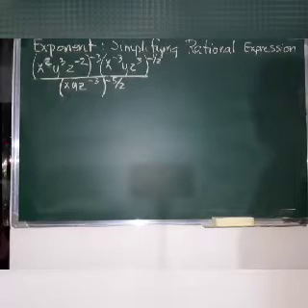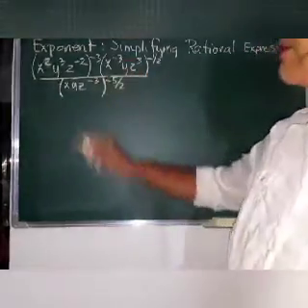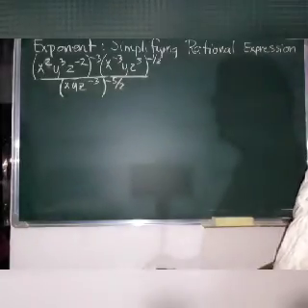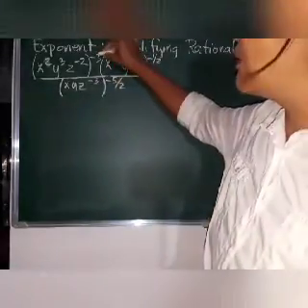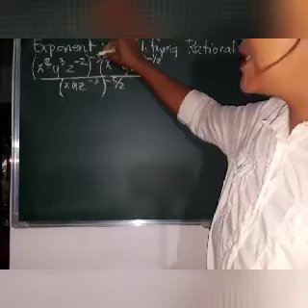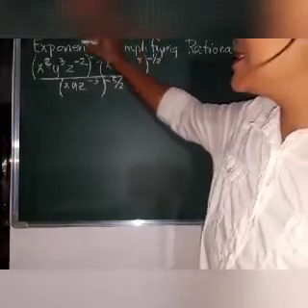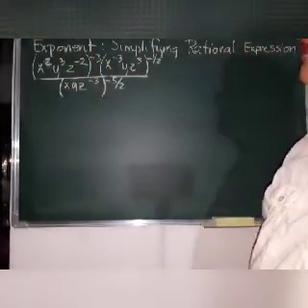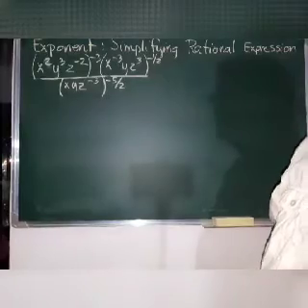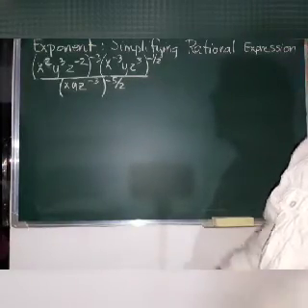So first, we need to simplify the numerator. So gaya ng ginawa natin for the first two examples. So multiply natin ang exponent na nasa labas ng parenthesis inside all the terms inside the parentheses, I should say.